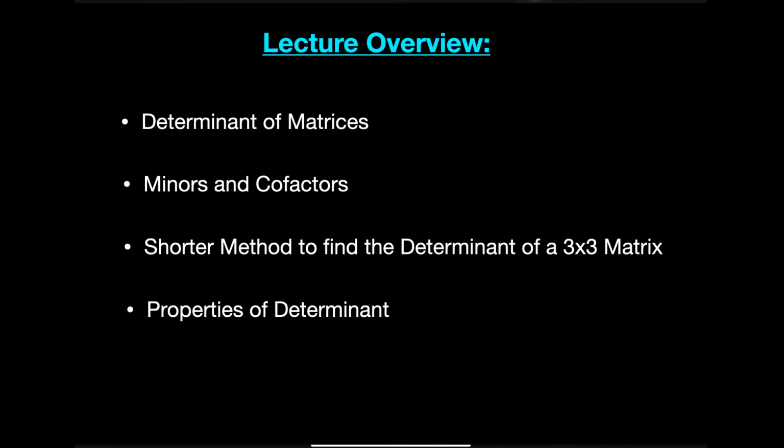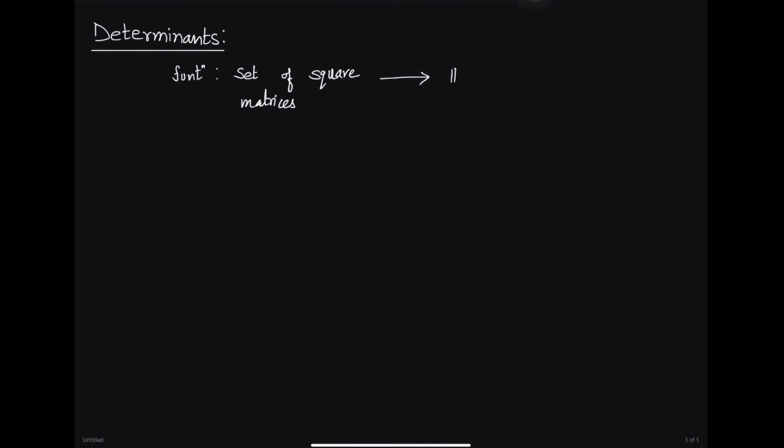So let us begin with the definition of the determinant. The determinant is a function whose domain is the set of square matrices, and it gives you a real number or a complex number depending on the entries of the matrix.